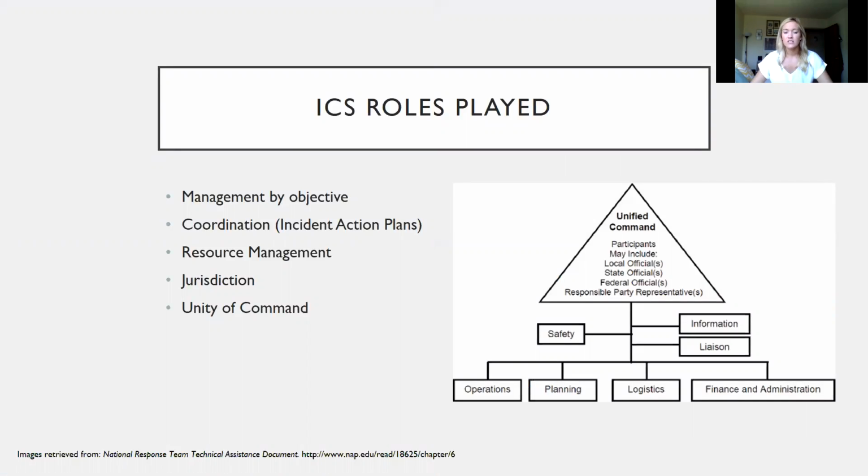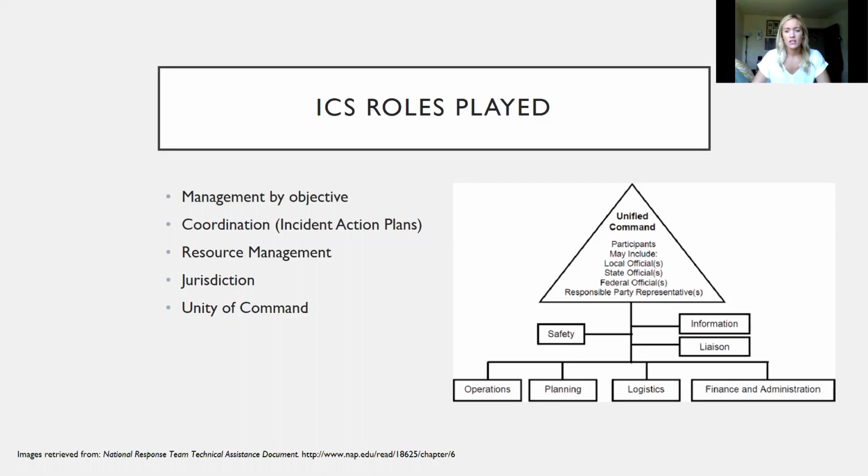So now we're going to switch gears and focus on the incident command system roles played in the North American cold wave. In general, the incident command system is supposed to focus on management by objective. So in this case, it was really developing management around reaching a rehabilitation plan for the North American cold wave, and in every aspect of the term, containing it, which is not really possible in an extreme weather event.